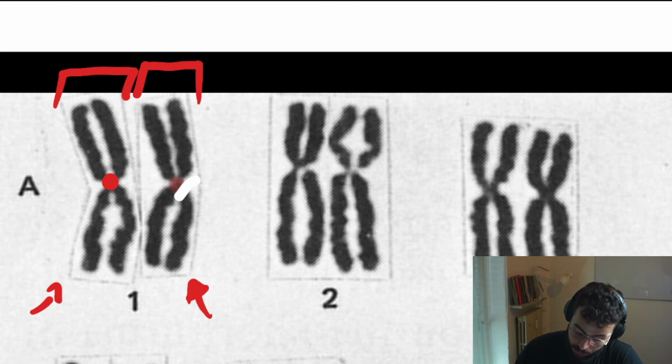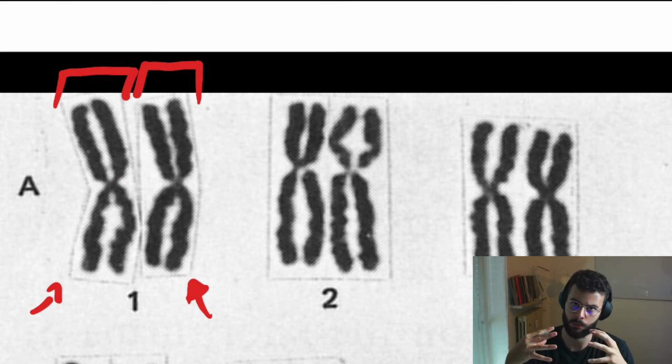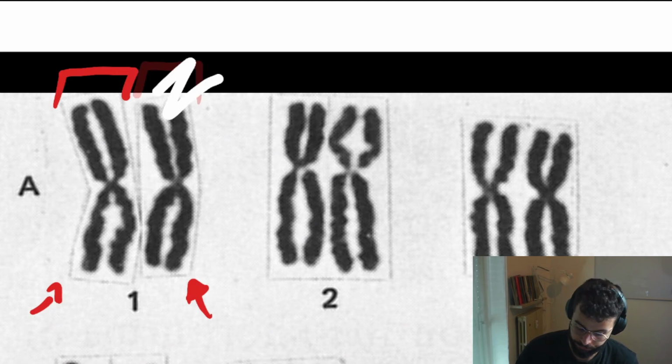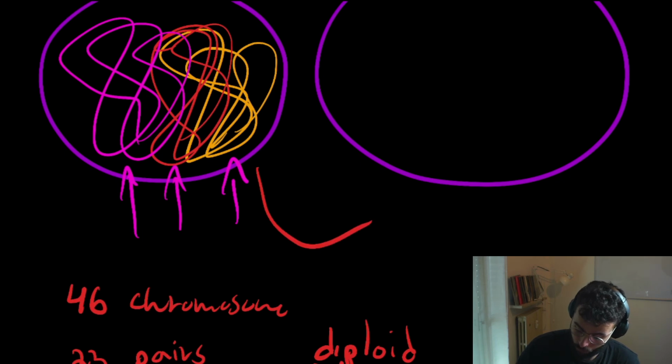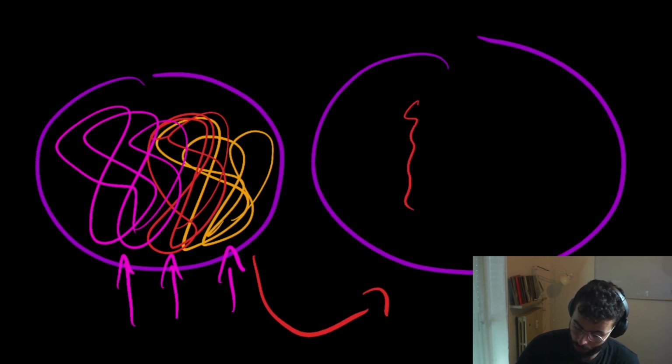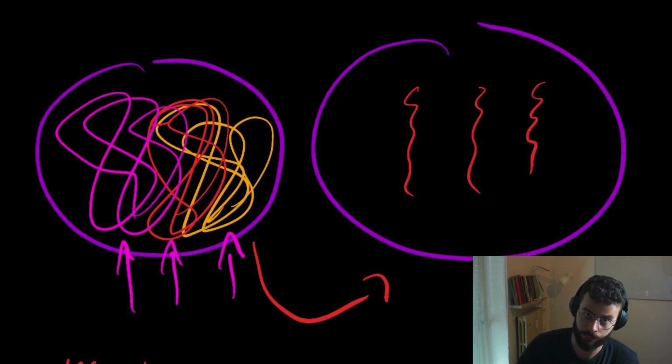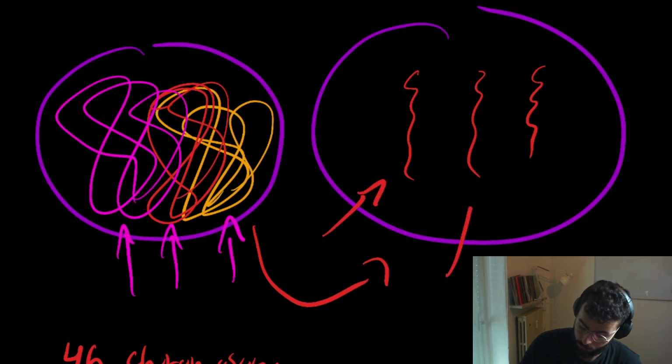So chromatid, we said, is a compact way to form the DNA around the proteins. When you go from this to the compact way to actually form the chromosomes, you will have chromatids and chromosomes.